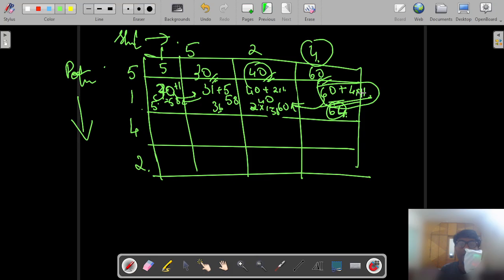So let me rewrite all the values. So let's say 64 is this value, and skilled worker 4 will only be available after the 60th second.